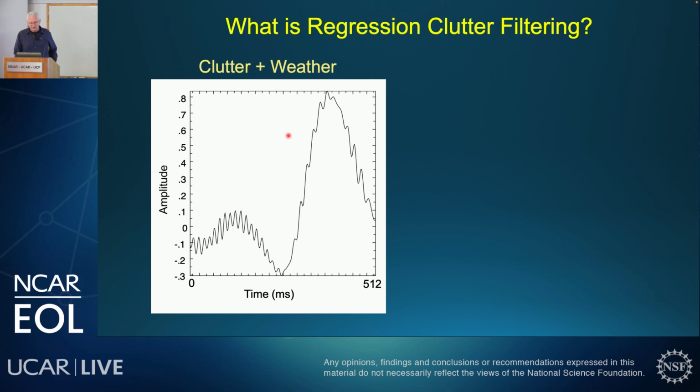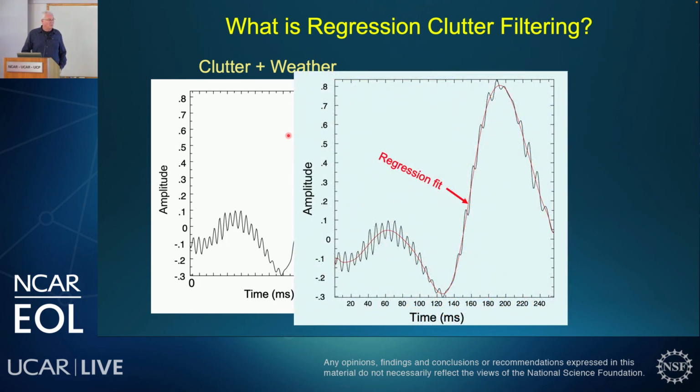So here is a clutter and a weather signal. The weather signal varies rapidly. You can see the oscillations. And there is the clutter signal it's riding on top of, and it's just smoothly varying in there. So you've got to go ahead and pick a polynomial of the appropriate order, do the fit, and so there you see the red curve, that's the clutter signal.